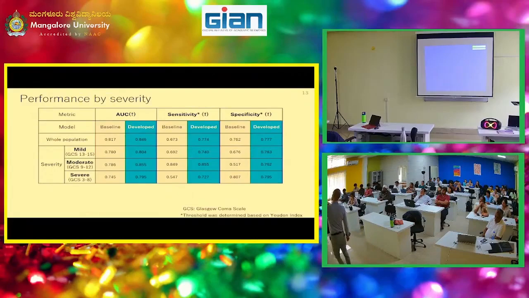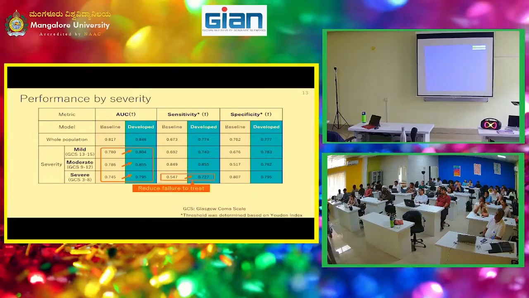What we want to do is break it down to see how good it is at the various levels. That's the whole population, but then you break it down to mild, moderate, and severe. And when we do that, what we're looking at is how the baseline changes into the developed score. For instance, here we're reducing the failure to treat, right?